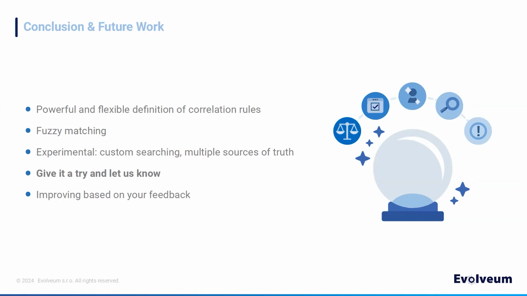And there are also two interesting experimental features, custom indexing and properties with multiple sources. So we would like to encourage you to try this, including those experimental features, and let us know about your experiences, requirements, and other ideas. Then we can improve the smart correlation feature based on your feedback.